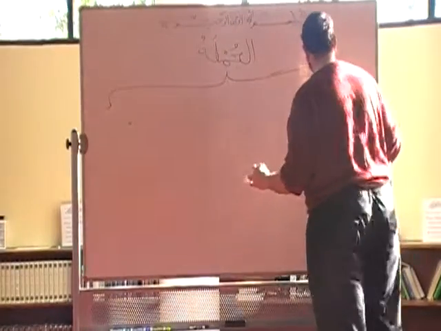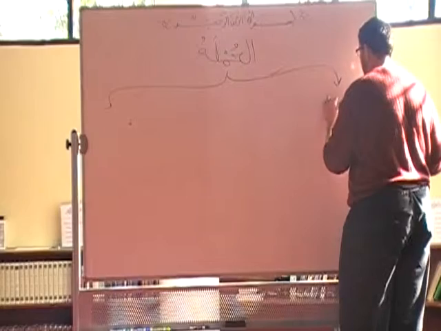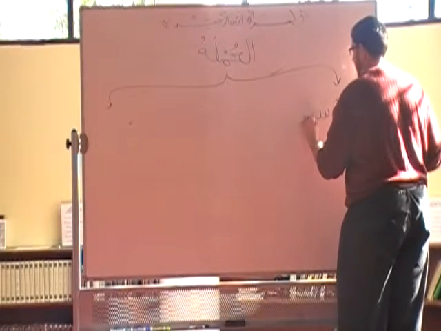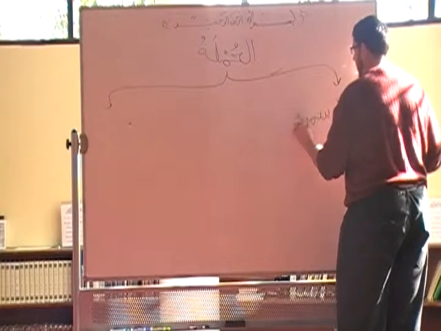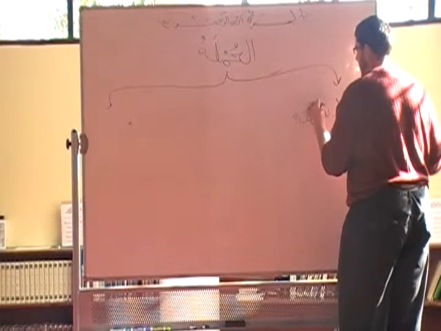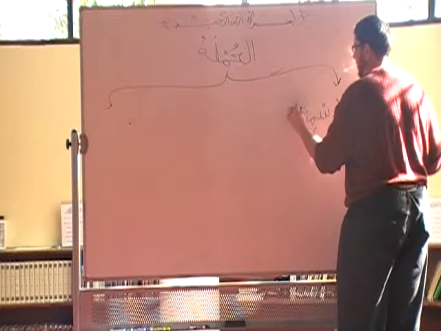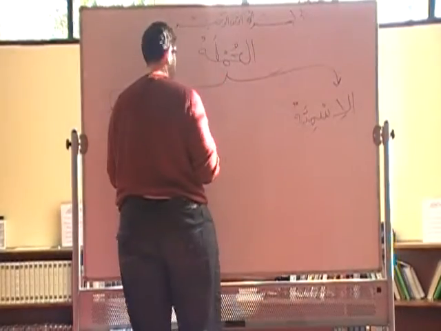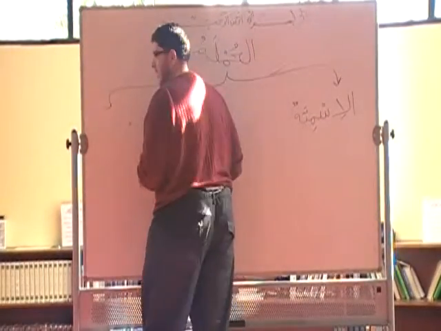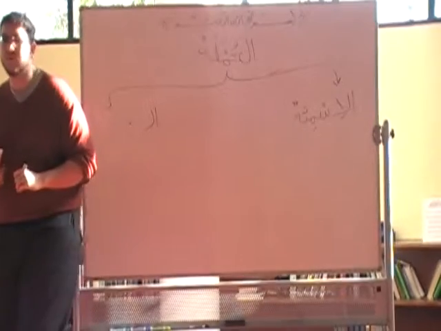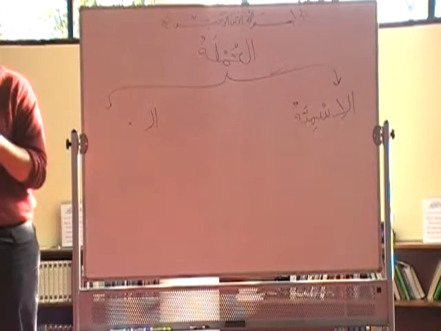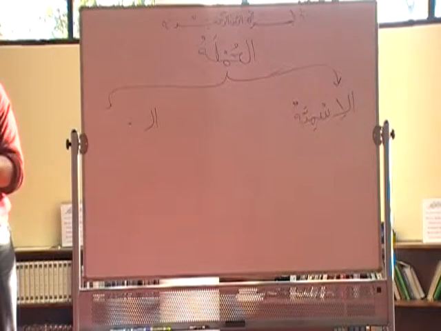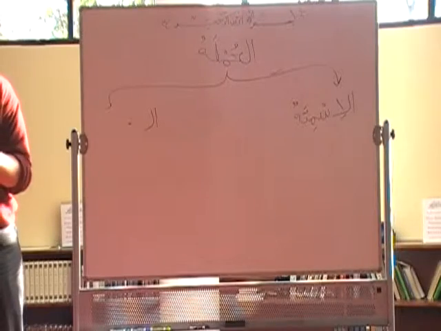Jumla ismiya. Al-jumlatu al-ismiyatu. By the way, what kind of construct is al-jumlatu al-ismiyatu? What kind of compound is it? Of the three compounds we just studied, which one is it? Adjective.